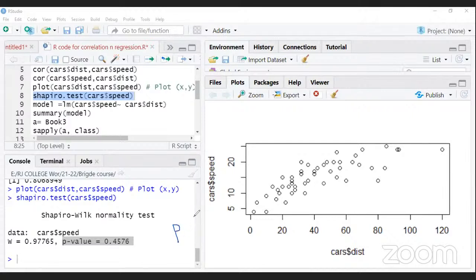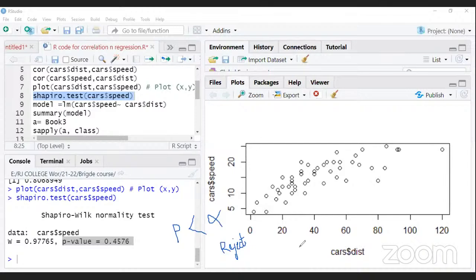If the p-value is less than the alpha value, then we have to reject the null. Remember, I don't actually have a pad, so I'm just writing with the mouse. Reject H0 means you have to reject the null hypothesis.